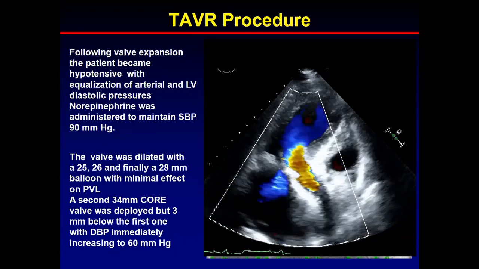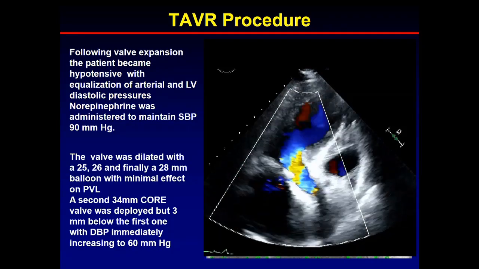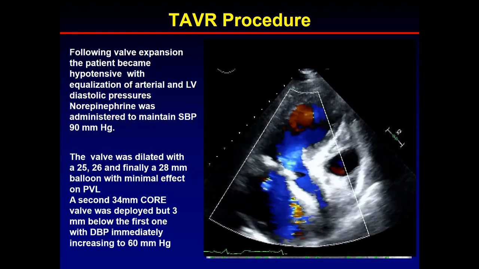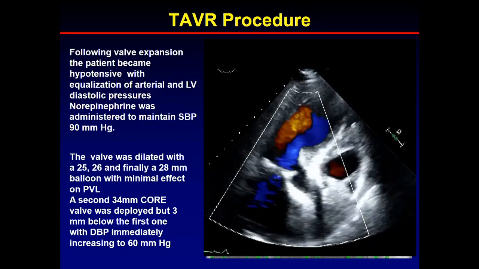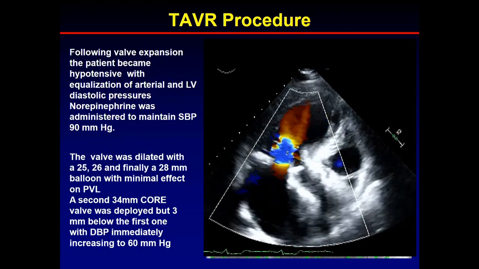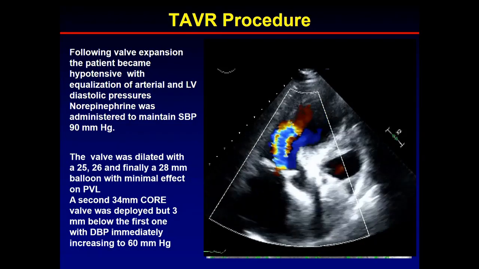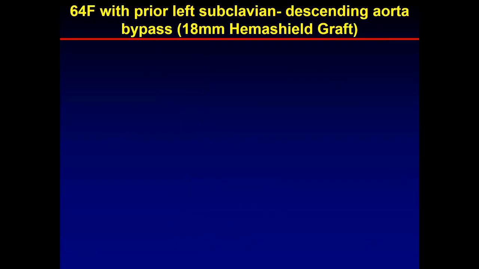So in that regard, the paravalvular leak was successfully taken care of with deployment of a second valve. Now, what could we have done in the cath lab, obviously, to maybe improve this scenario? Well, I'm going to show you another case, and this is something that we gained from our other interventionalist colleagues.